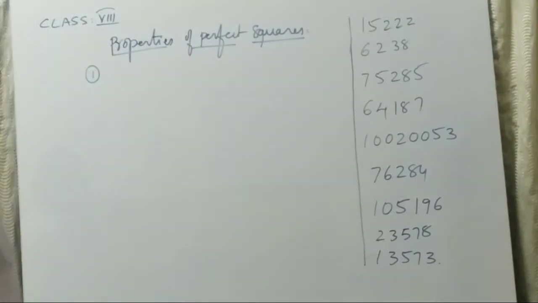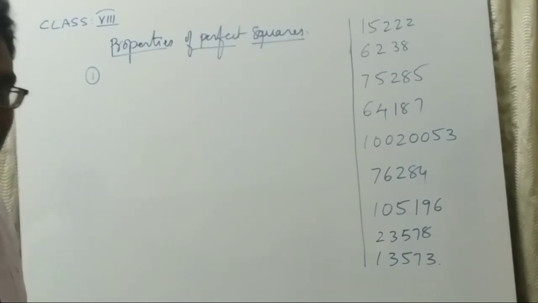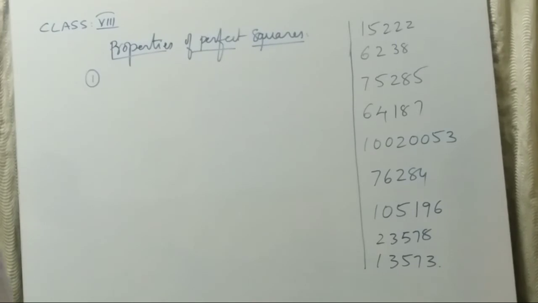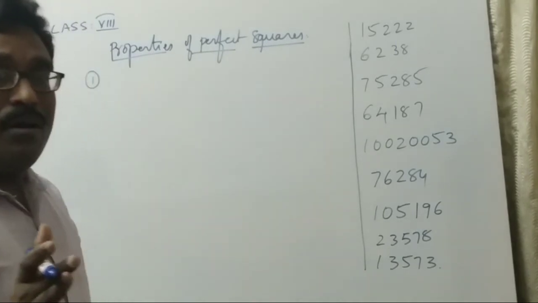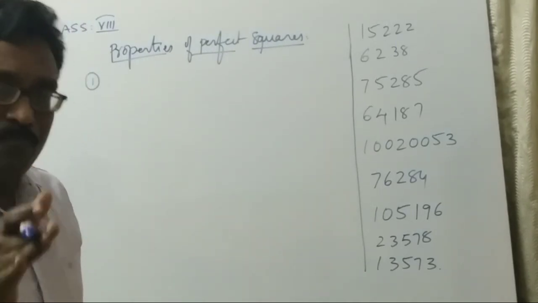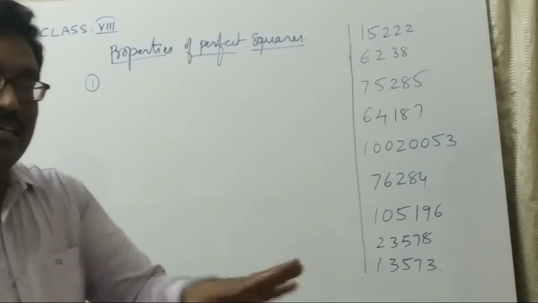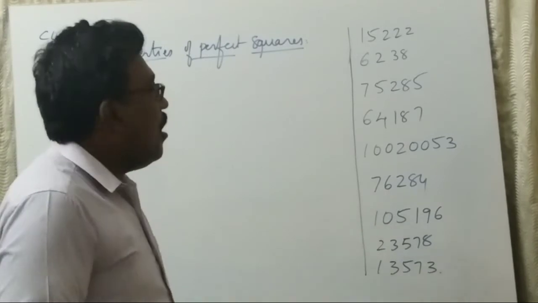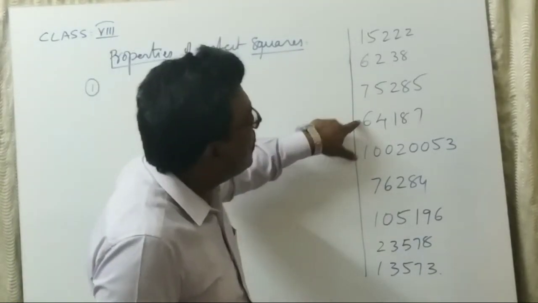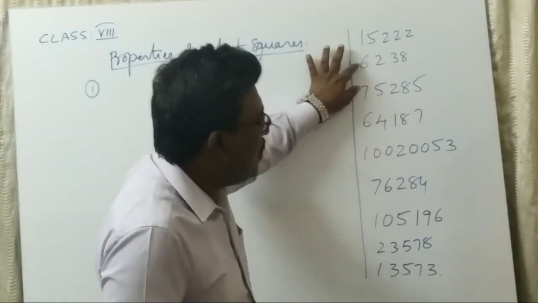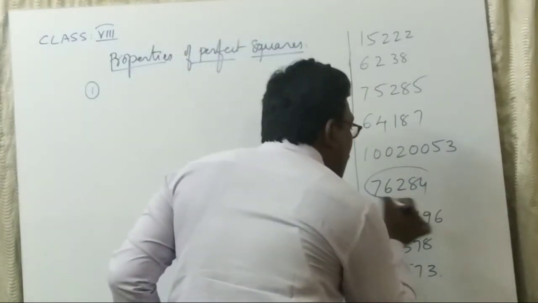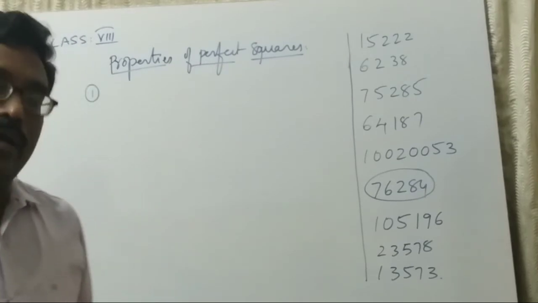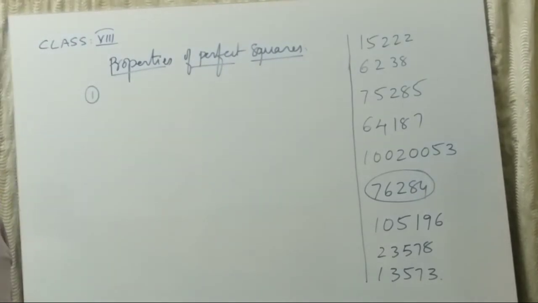Okay, there is a property to identify what is not a perfect square. How? A number which is not a perfect square, we can identify very easily. Out of these numbers, this is not a perfect square, this is not a perfect square, only this one is the perfect square, you think. Then how to find out its square root? That is our second concept.